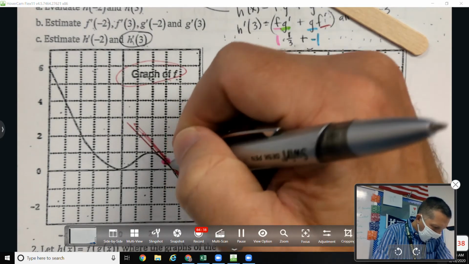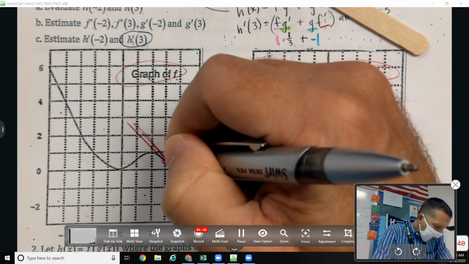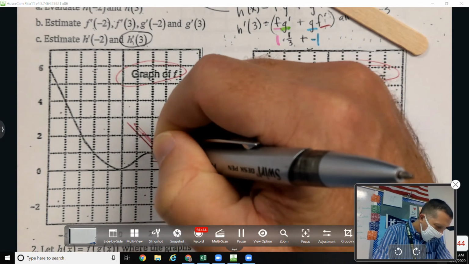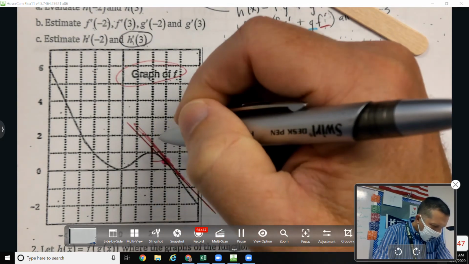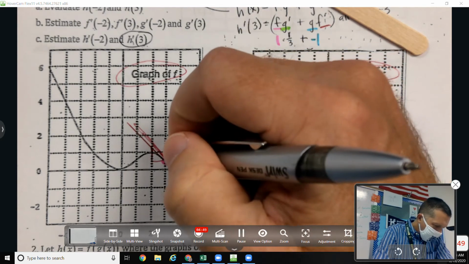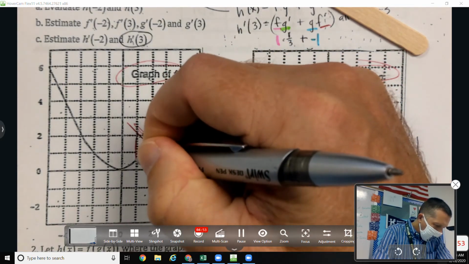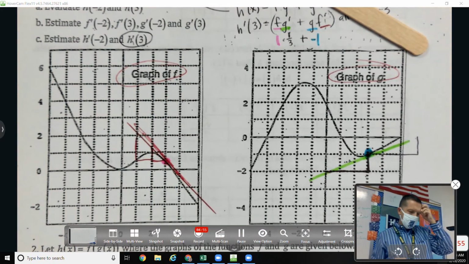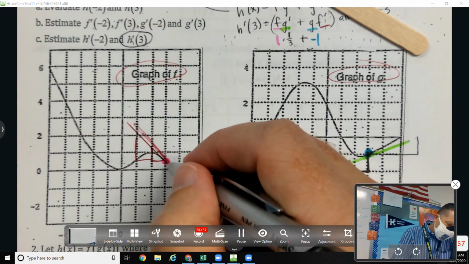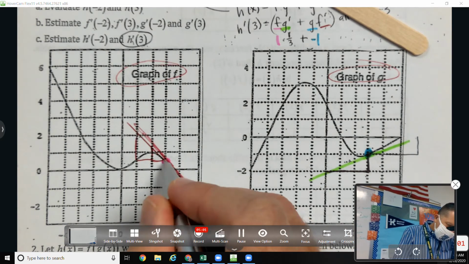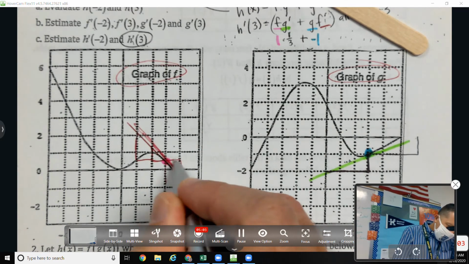Okay, what in the world is that slope? Well, I could just go over 1, up. It's a little less than 1. Over 2, up 1.5. This is not a good one. Over 1, down 3/4.